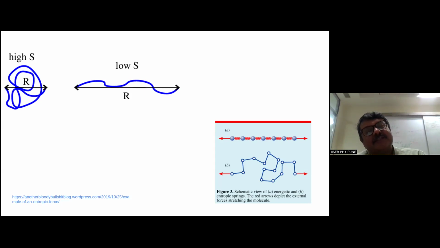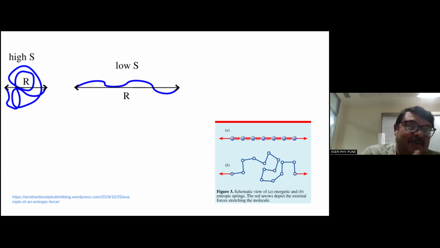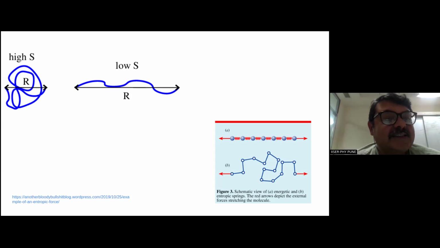So again, the question is, under what condition would it be able to take the largest number of conformations, the largest number of ways to arrange itself? The same question we were discussing yesterday in a completely different context. So much of the physics of random walks can be transferred to the physics of polymers, except this is a self-avoiding random walk, if you know what I mean from the previous class.